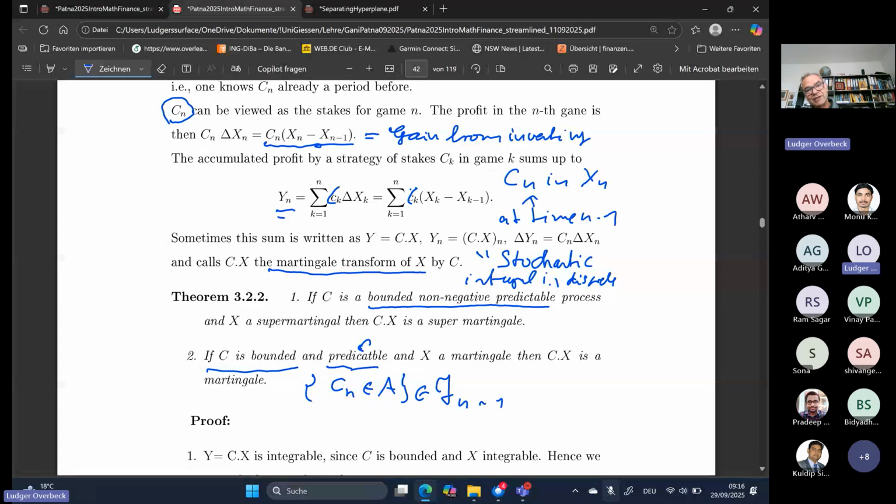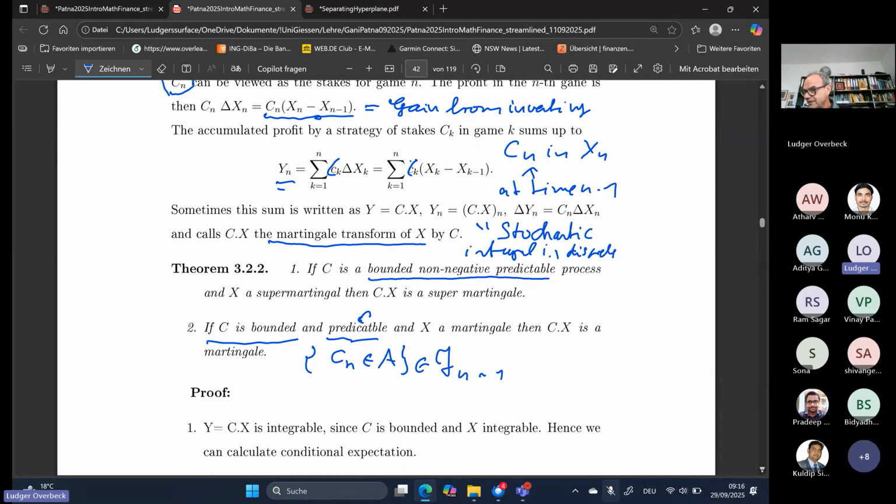Now you can think about, if you like mathematics, what it means for continuous time. You have some continuity of your decisions. Okay.